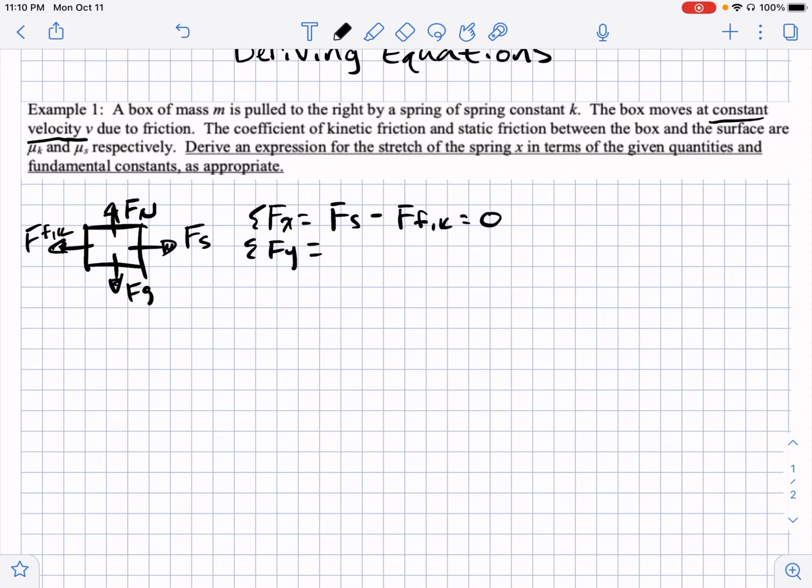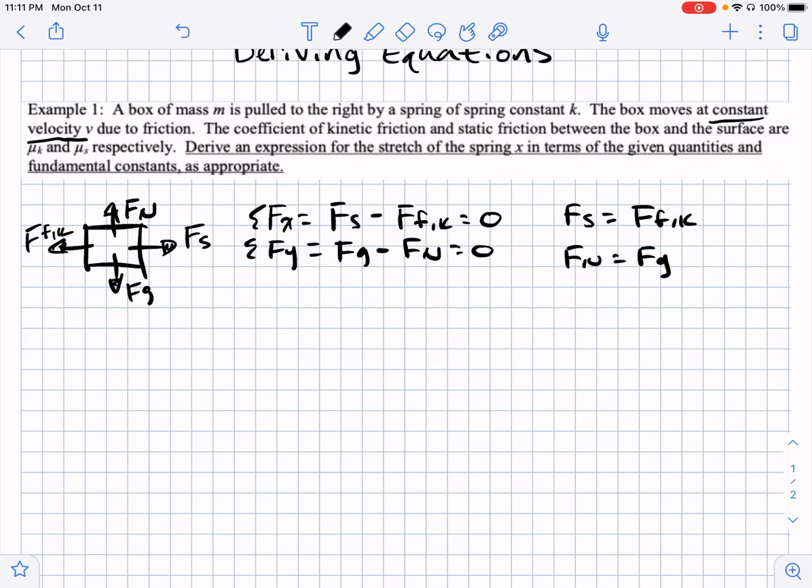In the y direction, we have Fg minus the normal force, which is also equal to 0 because we're balanced vertically. Based off of these two net force equations, we know that the force of the spring has to equal the kinetic friction, and the normal force has to equal the weight.